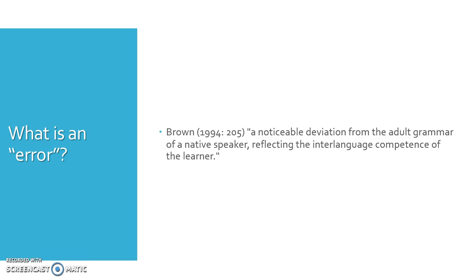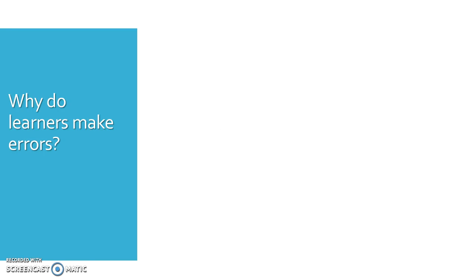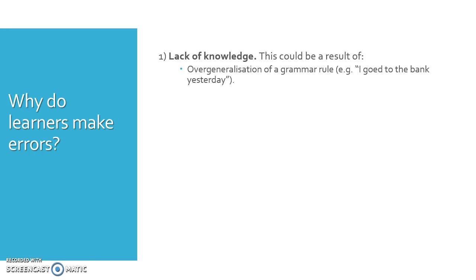Let's go into this question a little bit more in depth by addressing the question, why do learners make errors? Pause the video and think about this for a few seconds. One main reason is lack of knowledge, and this could be a result of overgeneralization of a grammar rule.